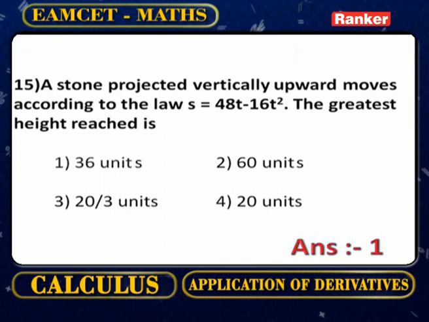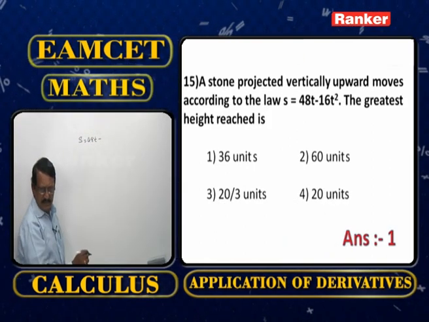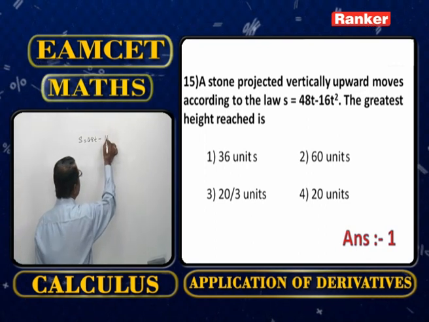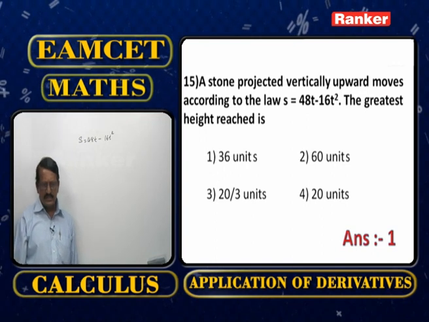A stone projected vertically upwards moves according to the law s equals 48t minus 16t square. Find the greatest height reached.